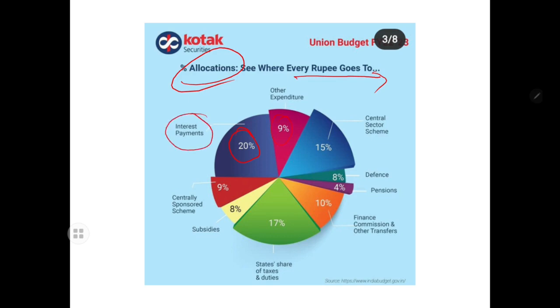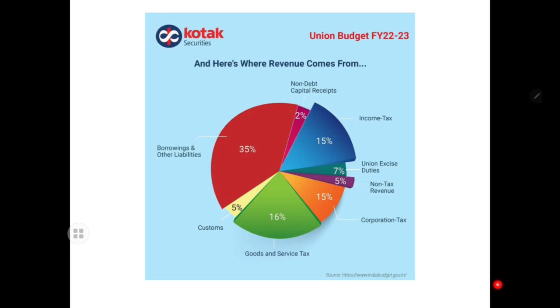Then other expenditures, central sector schemes, defense, pension, finance commission and other transfers, state tax and tax duties, and centrally sponsored schemes, subsidies. Mostly our money is going out for interest payment. That's so sad. We are borrowing a lot of money from non-debt and capital receipts.